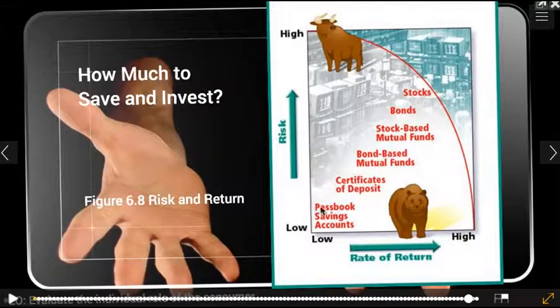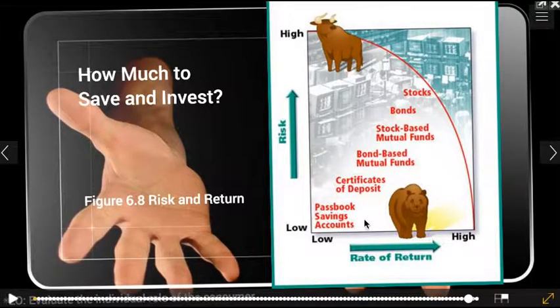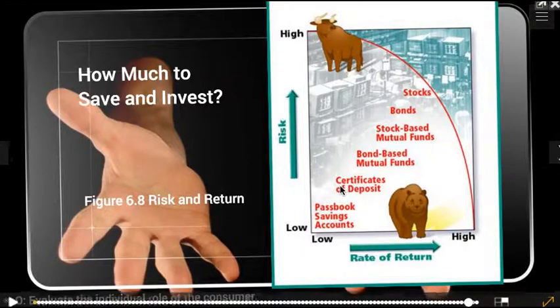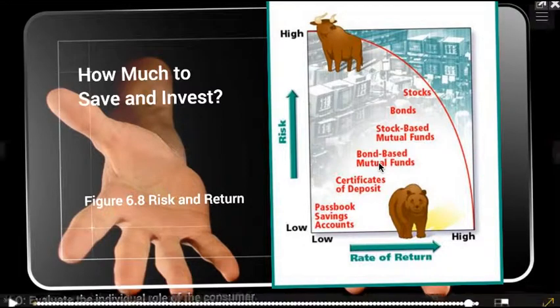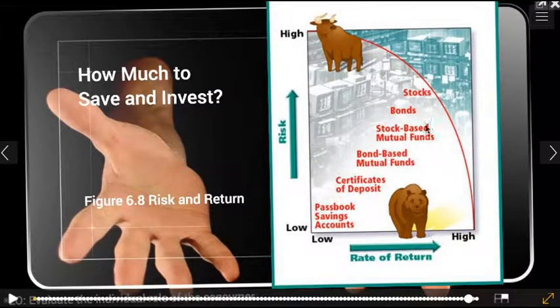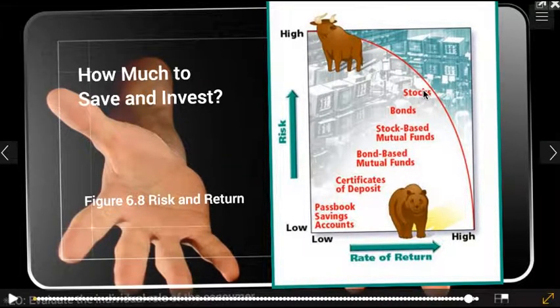Down here, passbook savings accounts offer the lowest risk but also the lowest return. Certificates of deposit move up to a little bit higher return, but at the same time they take a higher risk. Bond-based mutual funds, once again, greater rate of return but a higher risk. Stock-based mutual funds, even riskier. Bonds, riskier yet, and stocks are the riskiest.